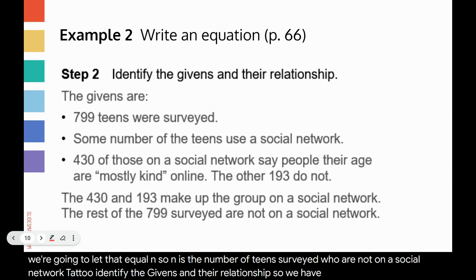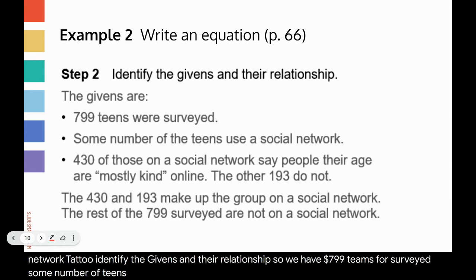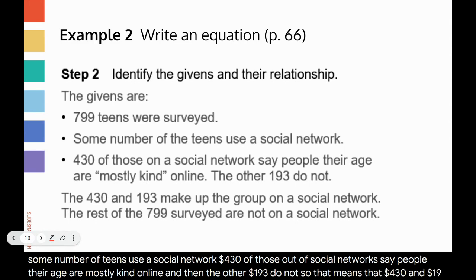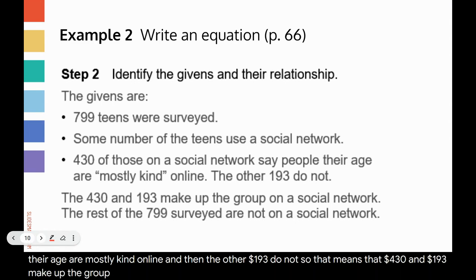So we have 799 teens were surveyed. Some number of teens use a social network. 430 of those on a social network say people their age are mostly kind online, and then the other 193 do not. So that means that 430 and 193 make up the group on a social network, and then the rest of the 799 surveyed are not on a social network.